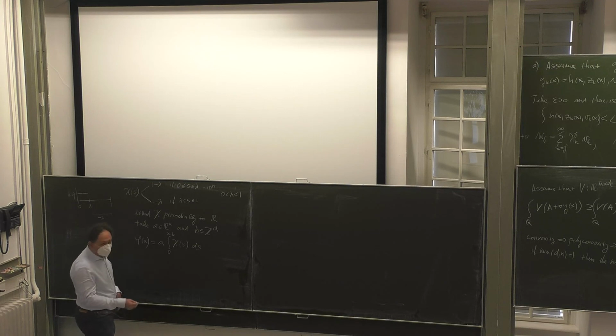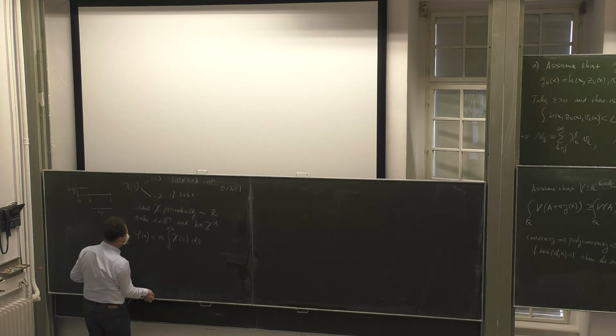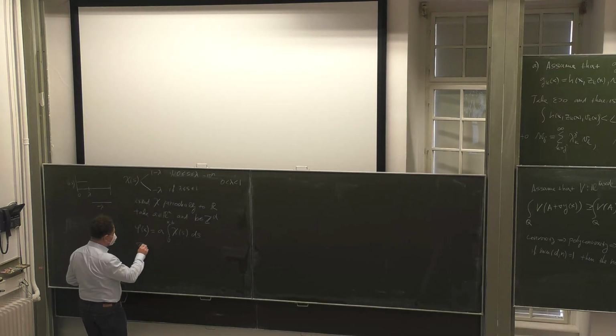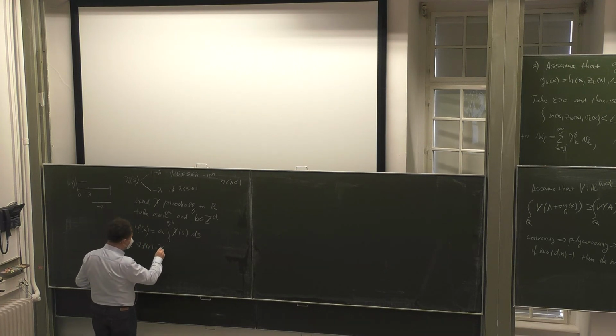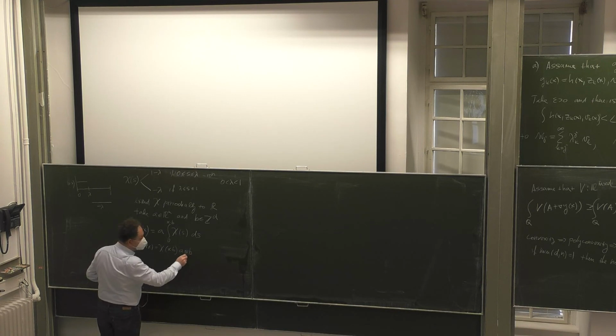So the gradient of this function is the function chi at x dot b times a o-times b.